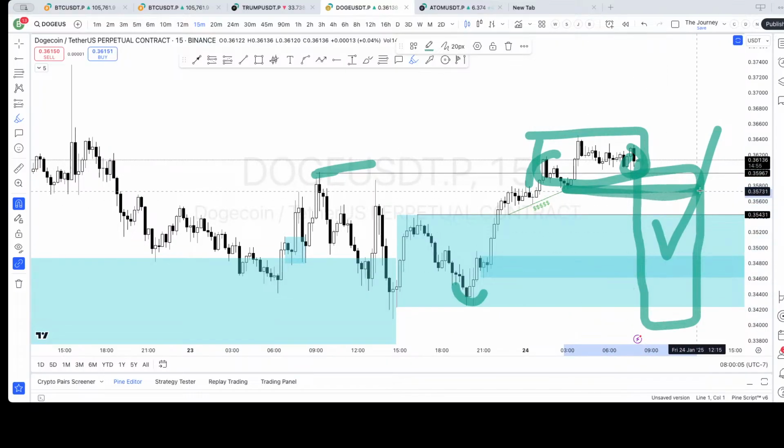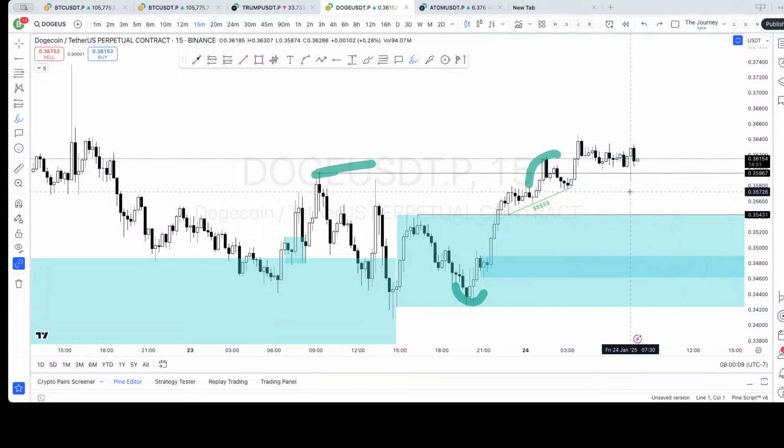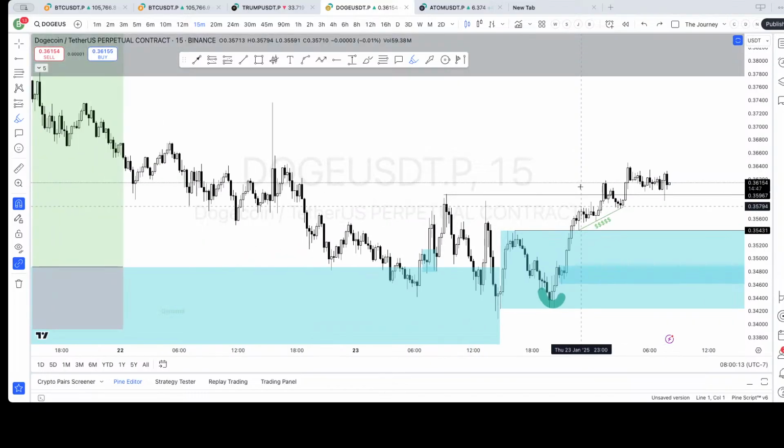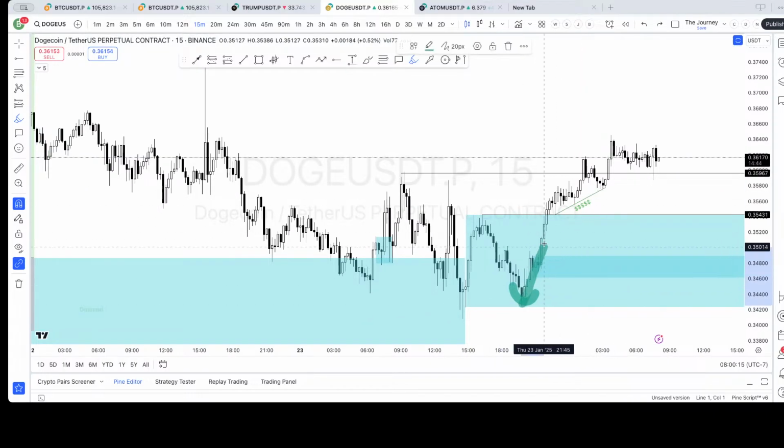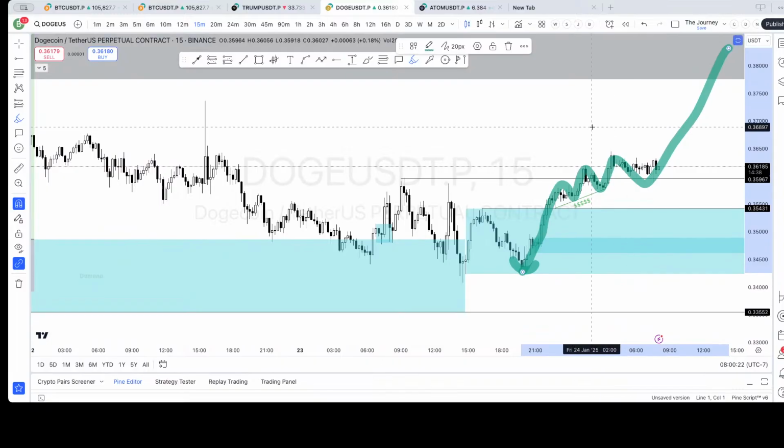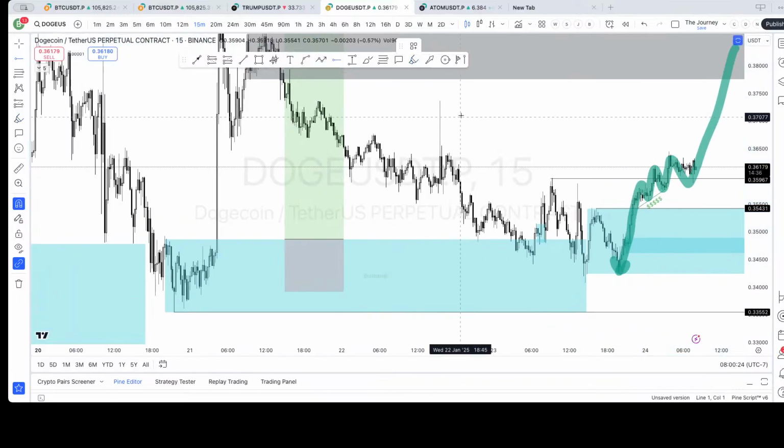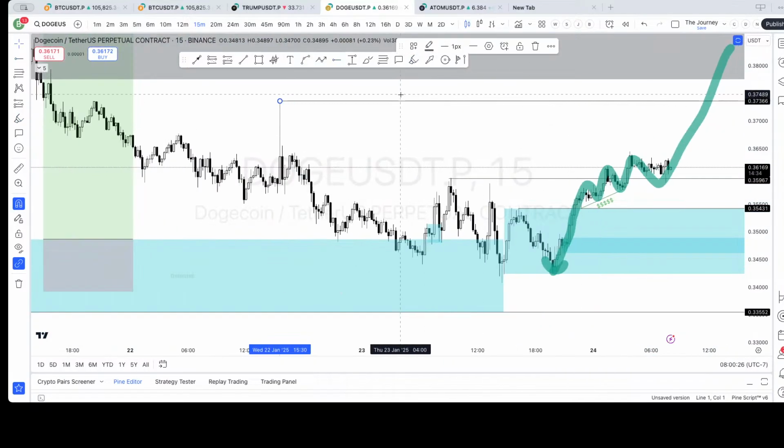Because if you lose that low right there, you've lost your 15-minute structure. So quite possibly that's not the move. Quite possibly this leg was intended to maintain itself and take a run up to these areas up here.